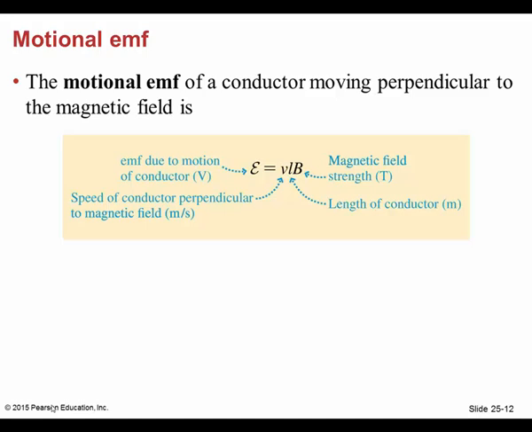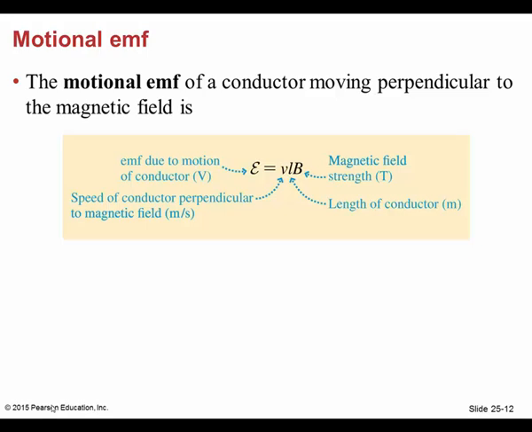And here it is written in a little different form using the symbol for EMF, okay? So EMF due to motion is the velocity of the conductor times the length of the conductor times the magnetic field, okay? And it's just that simple.